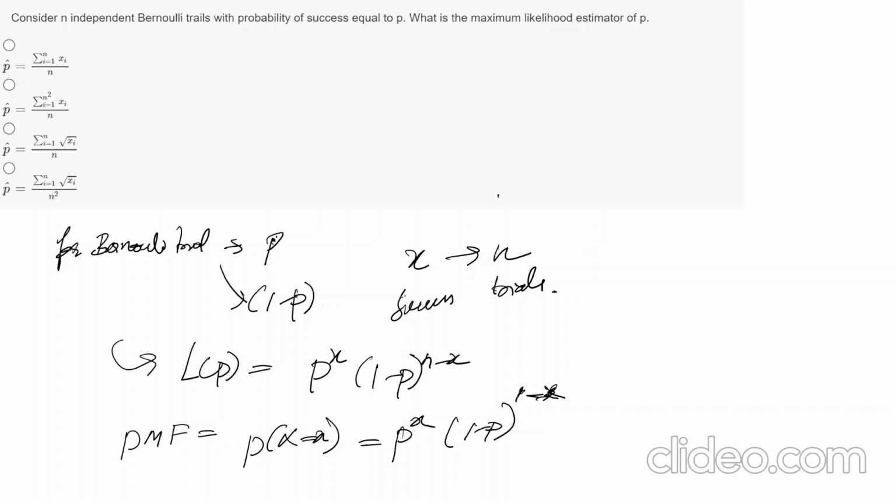For the likelihood L of p, you just have to consider all the trials: P of X1 equal to x1 into P of X2 equal to x2, and so on up to P of Xn equal to xn.